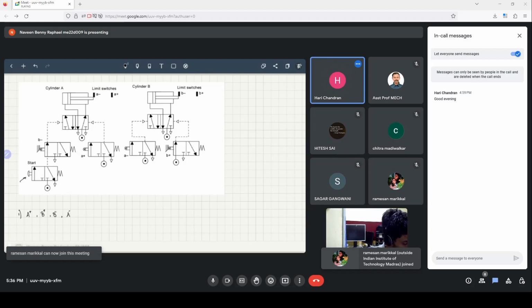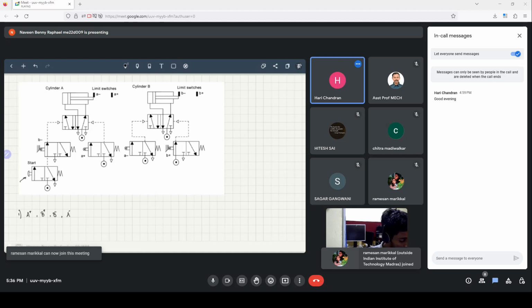Okay, so the question is essentially, when you press the start push button, then naturally, because of these joints and these sensors, the cylinders will be pushed or pulled. There are two cylinders here, right? Depending on how these ports are arranged to each other, they will be pushed or pulled.